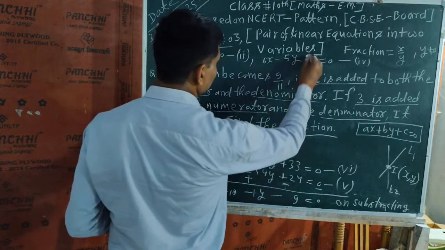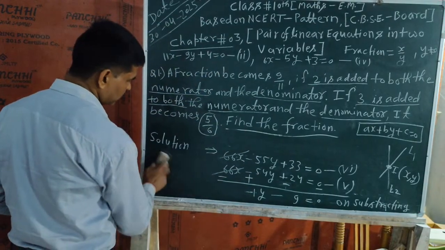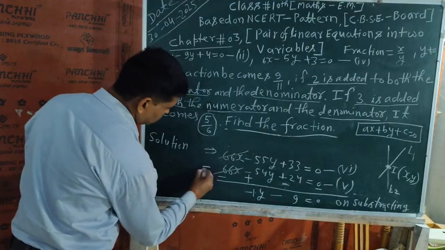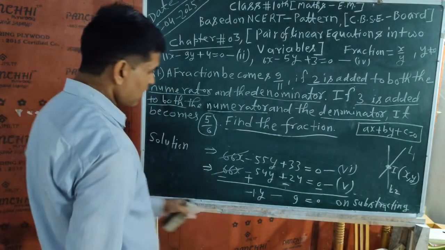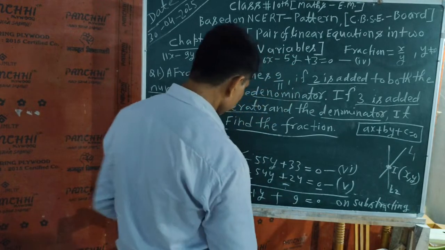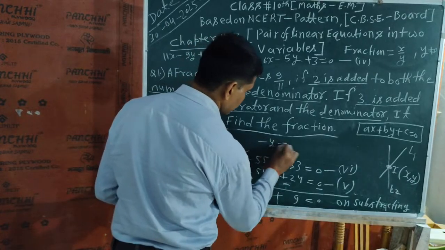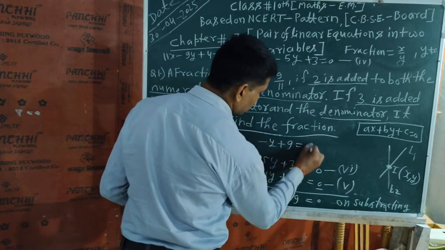Okay, student, and here will be also plus. Now further I am going to give its solution. Now, so it will be minus sign, so here will be plus sign. So after subtracting, I will get its value minus y plus 9, which is equal to 0.